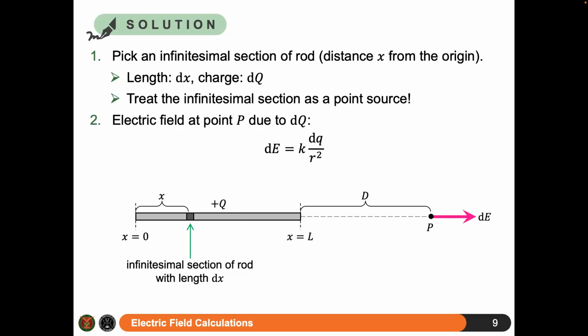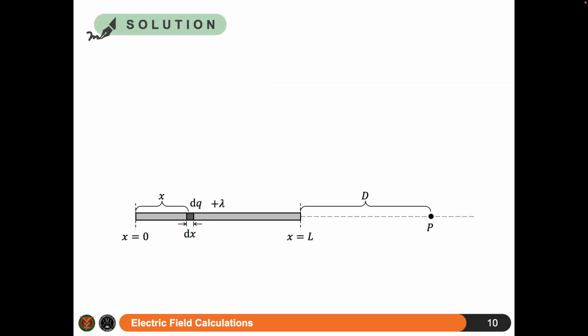And that will be the direction. Since it is a positive charge, if I am at point P, I will be repelled. So that's why, if I am at point P, the electric field will be to the right. So this now is your infinitesimal dq.